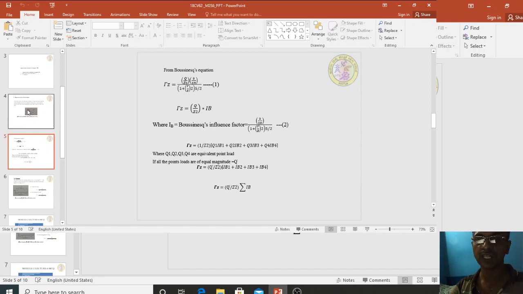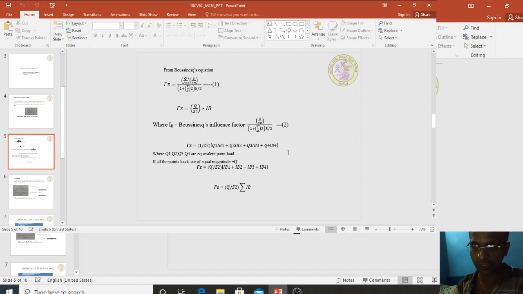So for the first area Q1 IB1 plus second area Q2 IB2, third area Q3 IB3, fourth area Q4 IB4, where capital Q1, Q2, Q3 and Q4 are equivalent point loads. That is the meaning of the heading, equivalent point load method, because the load is equivalently distributed here according to that area.